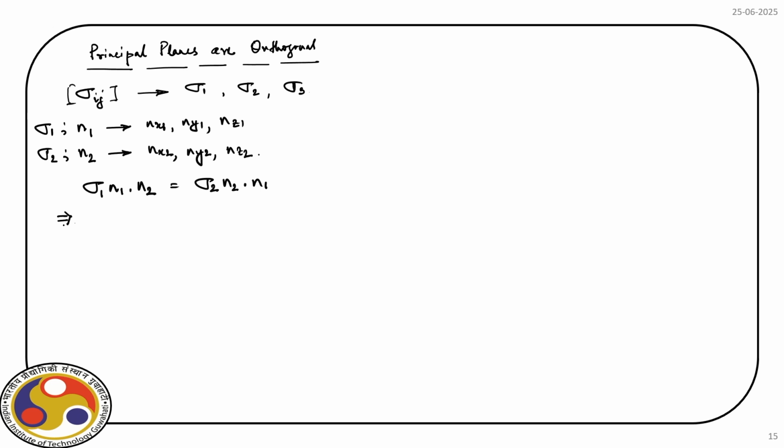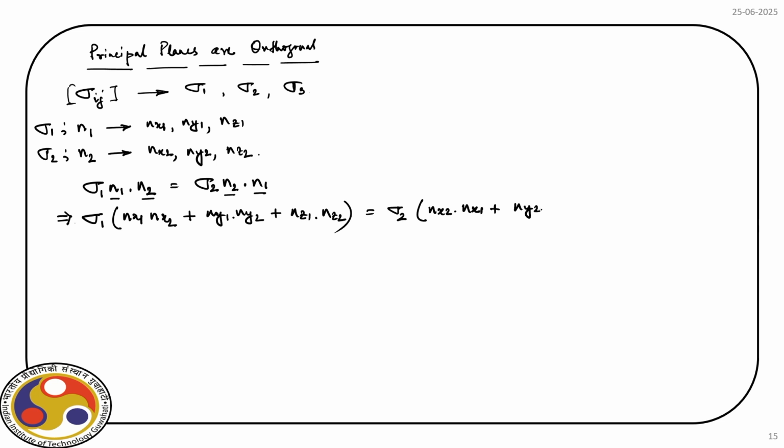So, if we write down the expression here, if I expand these two, what do we have? We have sigma 1 times (nx1 nx2 plus ny1 ny2 plus nz1 nz2) is equal to sigma 2, and we will have the same quantity, nx2 times nx1 plus ny2 times ny1 plus nz2 times nz1.